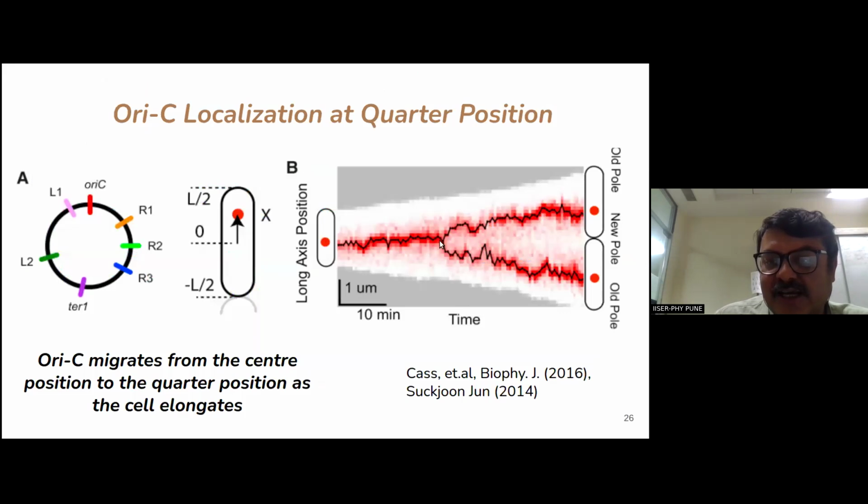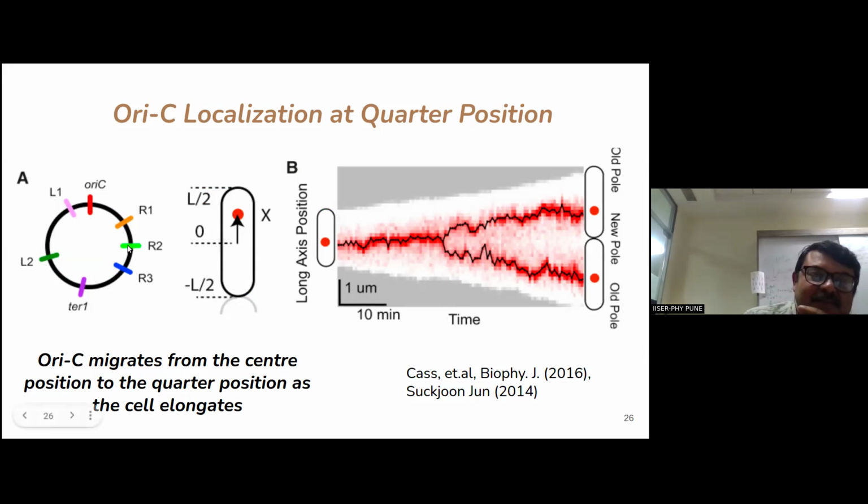In hindsight, I told you that this segregation, the movement of the two oris, separation happens after 20 to 25 minutes. Later we realized that the full time to replicate the E.coli chromosome actually takes 40 to 45 minutes, and 20 to 25 minutes is exactly half of that.